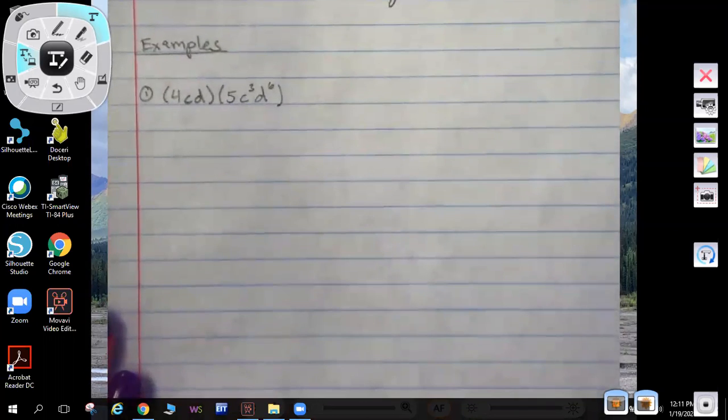Okay, here's example 1. 4cd times 5c cubed d to the 6th.